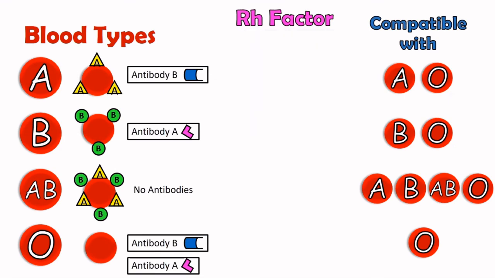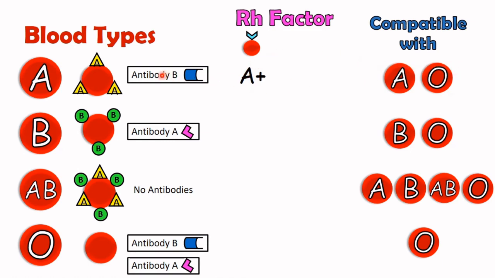So we're going to go into more detail on the RH factors. When there is the presence of the RH factor, it means that the A blood type will become A positive. So let's see, with the presence of the RH factor in the blood type, which kind of blood they are compatible with.